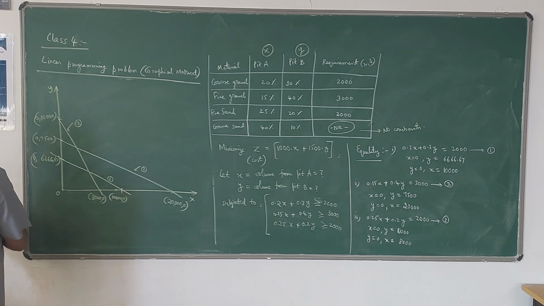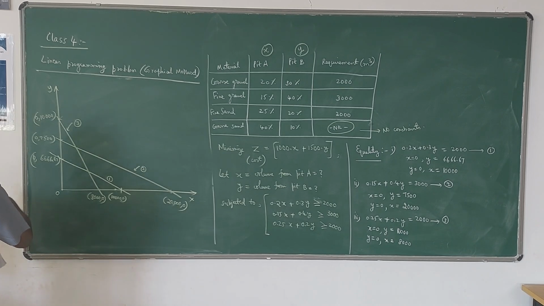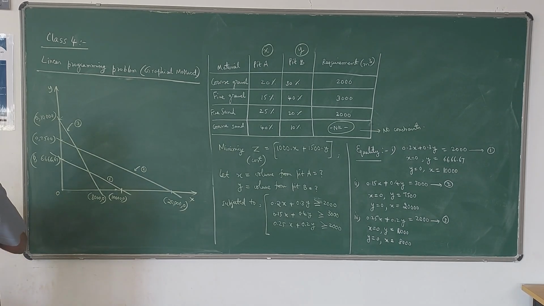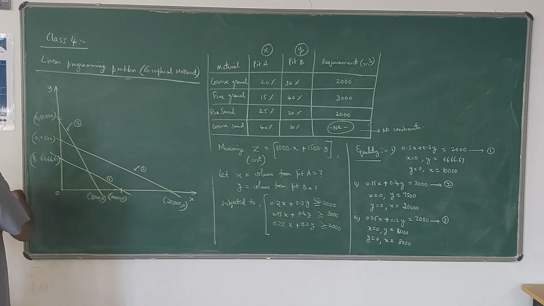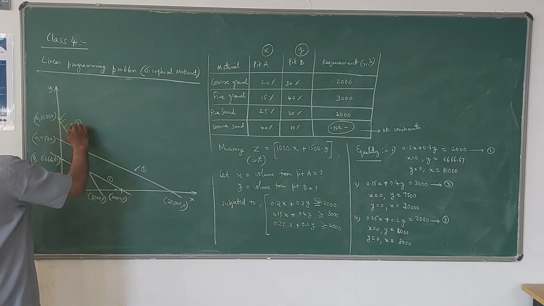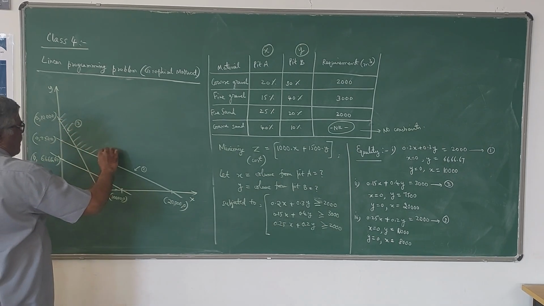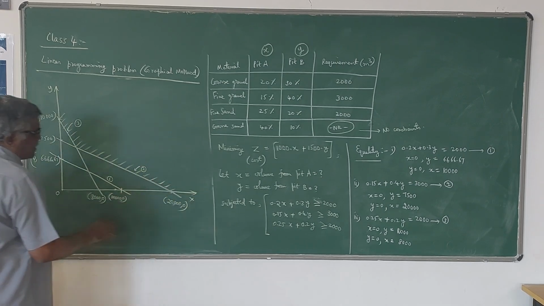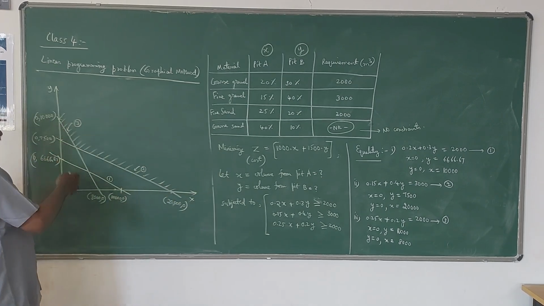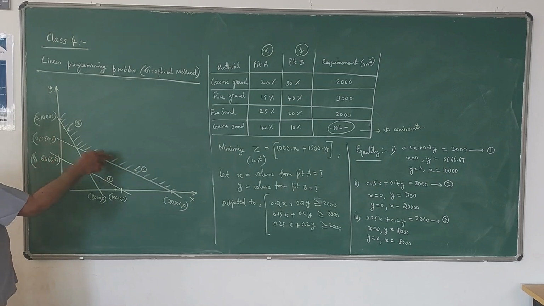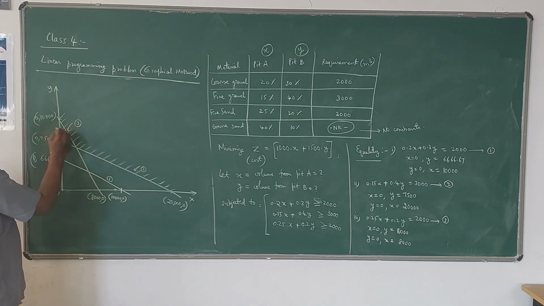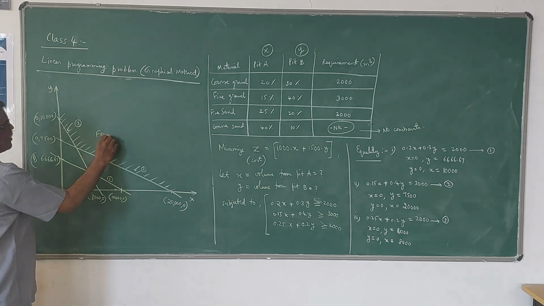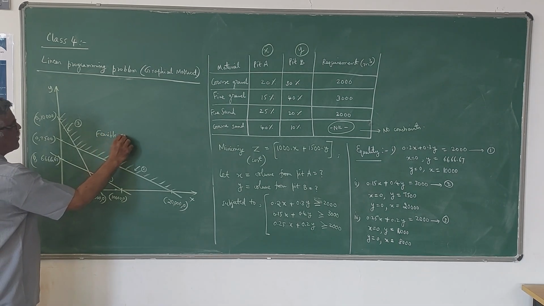All the inequalities are greater than or equal to, so the region should be above all the 3 lines. So this region is the feasible region. Wherever it cuts, this becomes the feasible boundary or region.